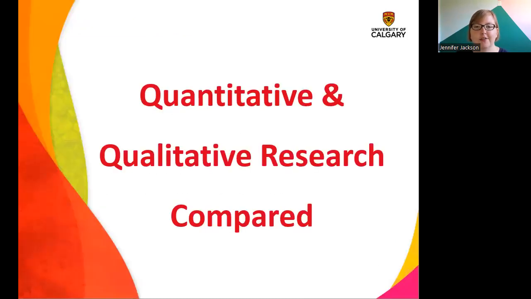So we're going to kick off with a brief overview of quantitative and qualitative research. When we look at how research is done, we can basically break it into two families of work: quantitative and qualitative. Now, like everything, real life is complicated and there's overlap between the two.